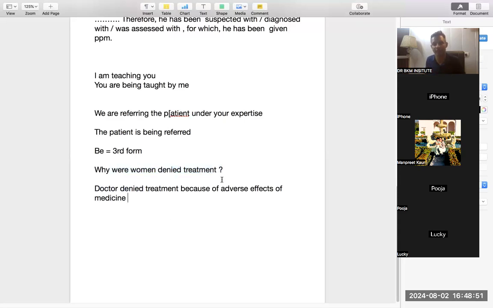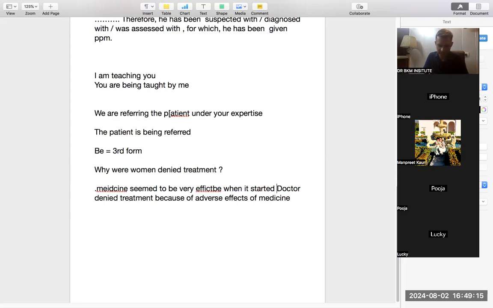Now you will say, why were women denied treatment? Because of the adverse effects. Now you can understand. Obviously, this is so easy, but when it is written in three paragraphs, then it is difficult. Suppose these lines are given: medicine seemed to be very effective when it started as a trial.